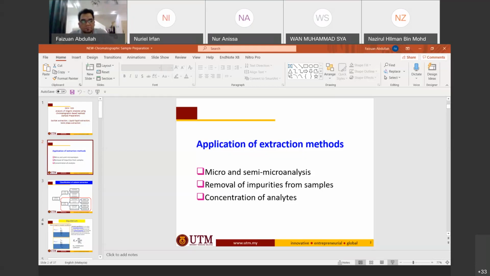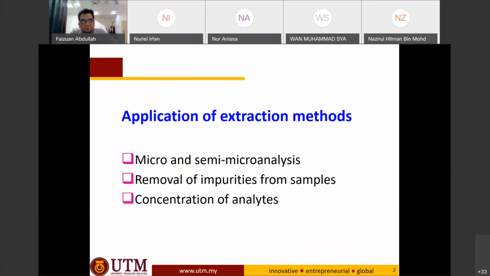So the purpose, for the first one, is for micro and semi-macro analysis, and for removal of impurities from the sample and to concentrate the analytes in the sample. We only need to analyze the analytes, right? So we need extraction.